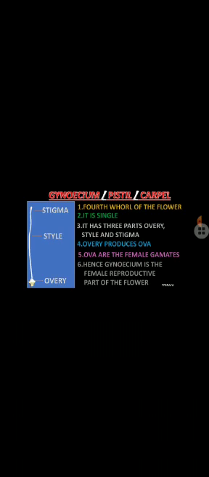This is gynoecium and also called pistil or carpel, fourth whorl of the flower. It is single. It has 3 parts: ovary, style and stigma. Ovary produces ova. Ova are the female gametes. Hence, gynoecium is the female reproductive part of the flower. Now we are observing stigma under a microscope.